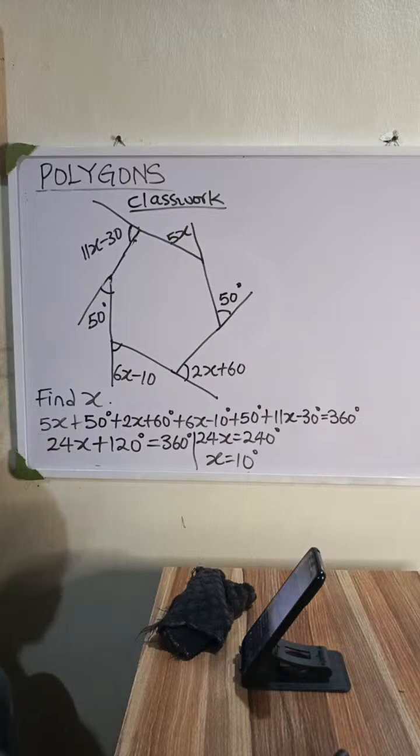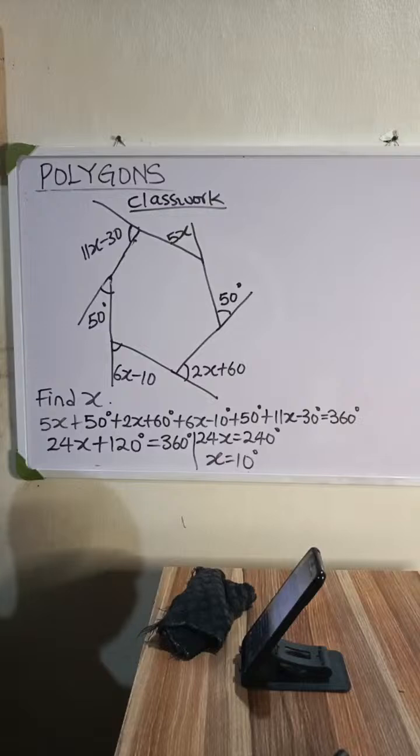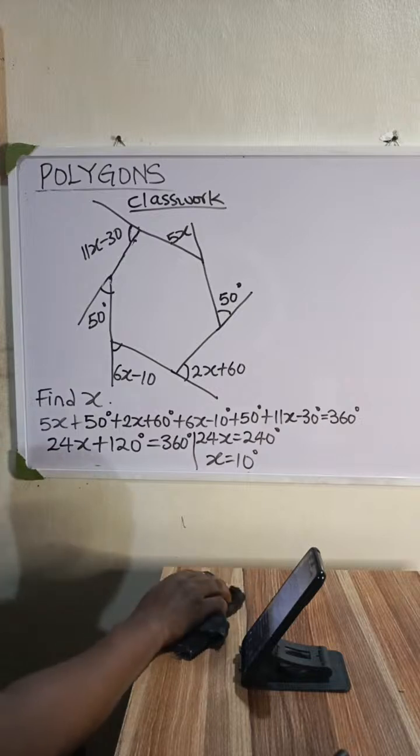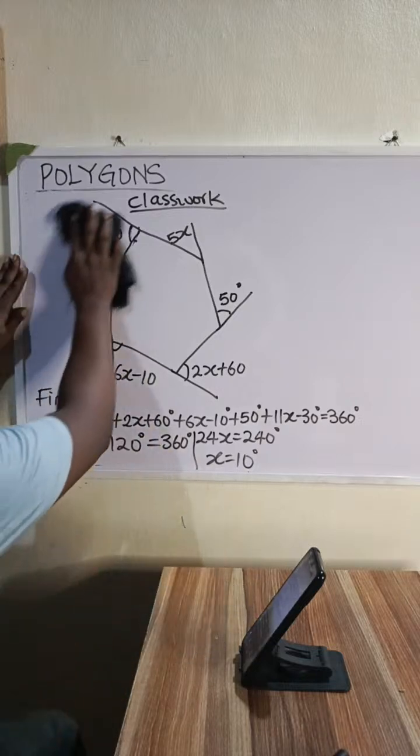Okay, good. So now we are going to look at another type of polygon called a concave polygon. All the polygons we've been considering are called convex polygons. But we are going to look at concave polygons.